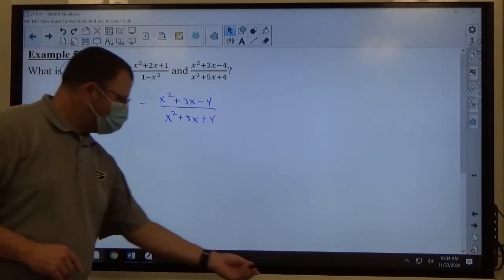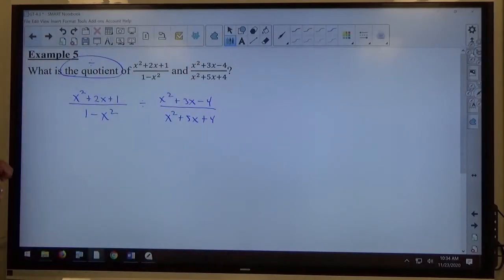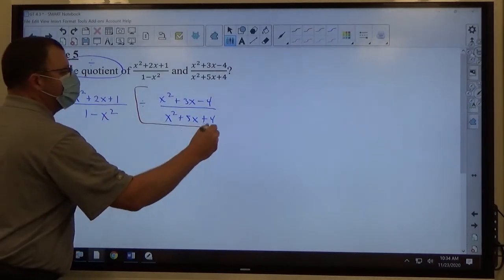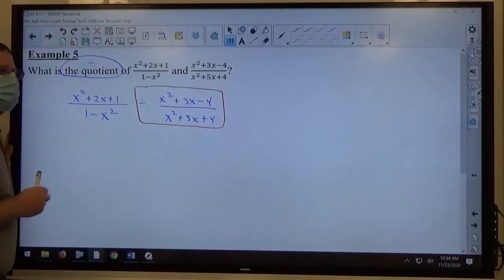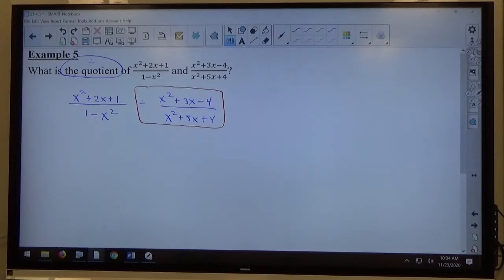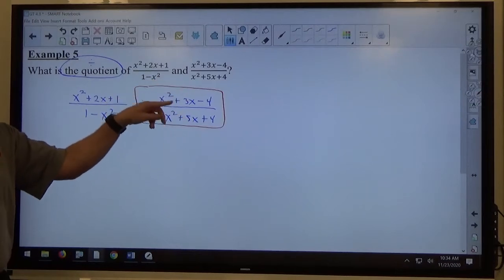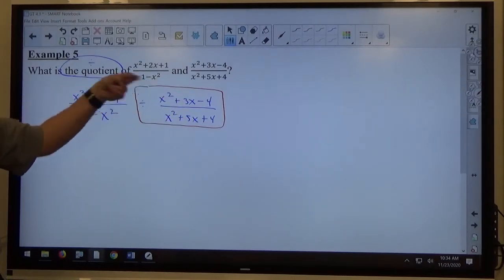All right, so what I want to do now is change this to a multiplication problem. And the rule about dividing fractions we learned back in 5th grade. We didn't have these kinds of fractions in 5th grade, but it still had division of fractions. It's the same idea. We don't do division of fractions, we instead do multiplication of reciprocals.